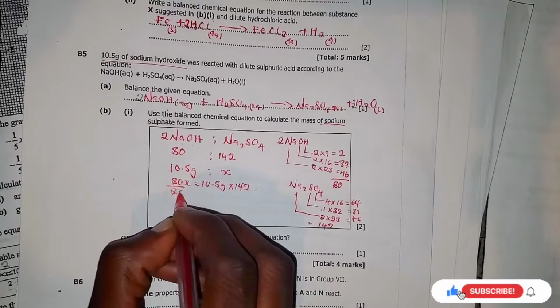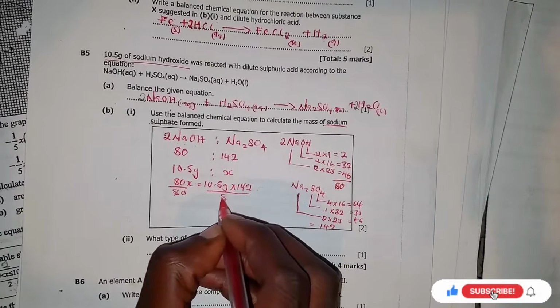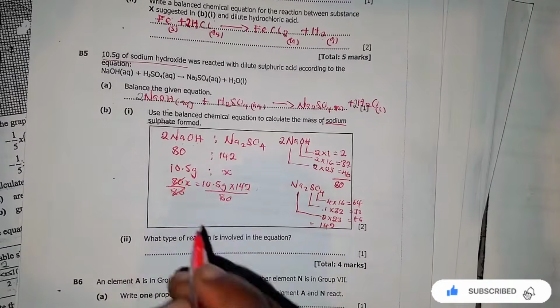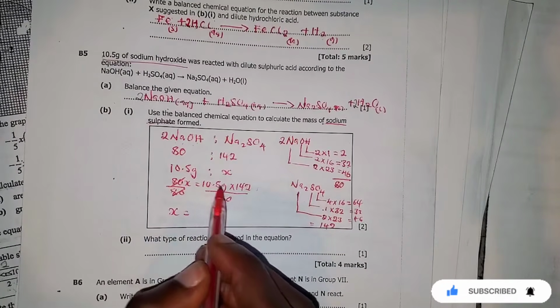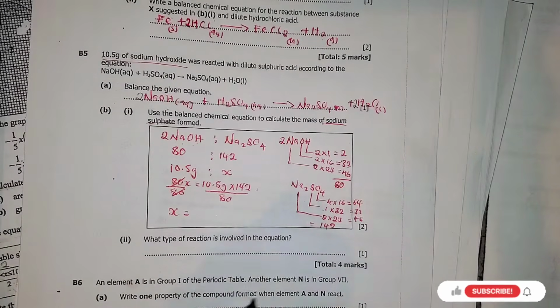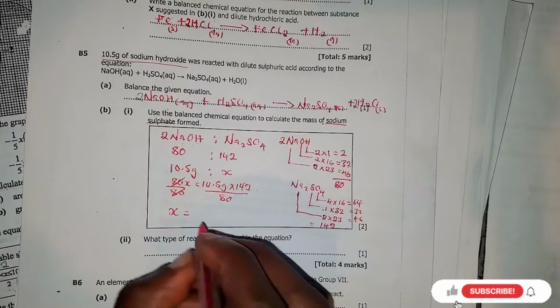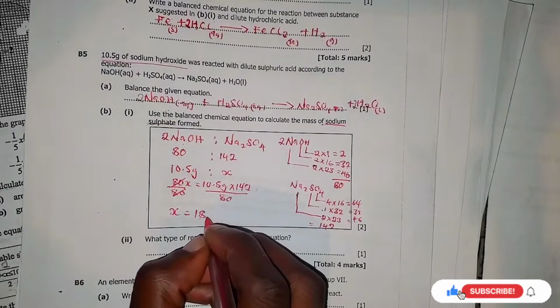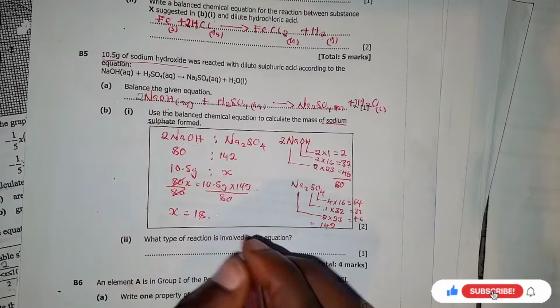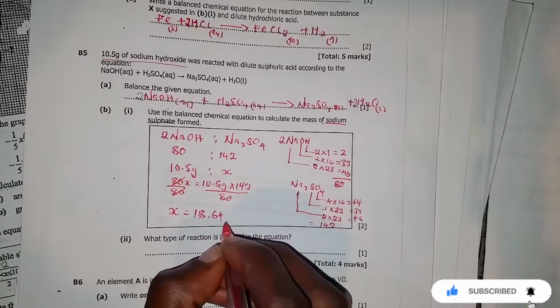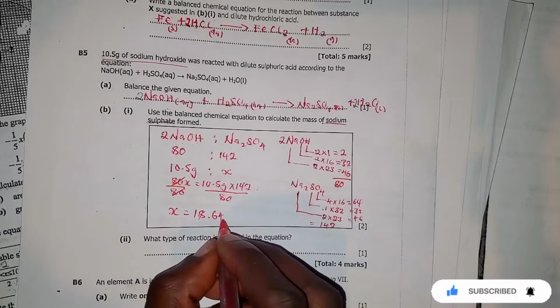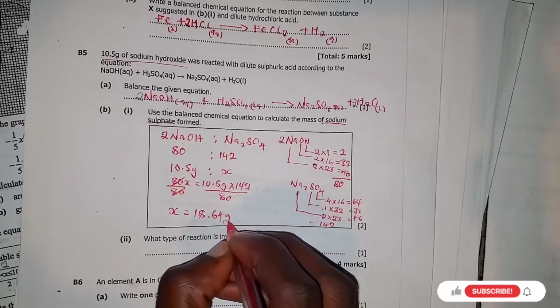Then we divide by 80 on both sides. When you punch this on the calculator, we're going to have 18.64 correct to 2 decimal places.